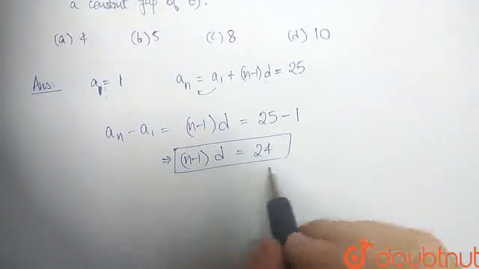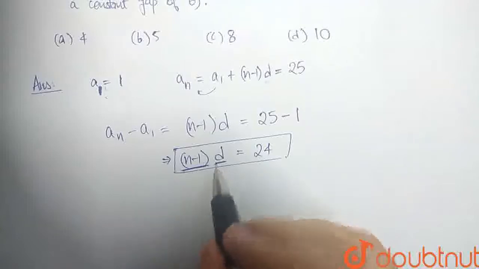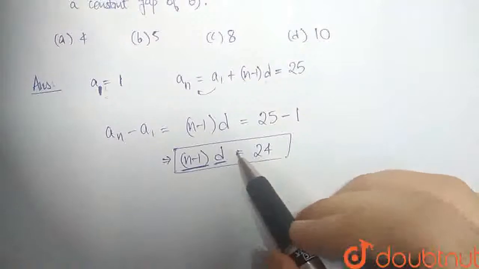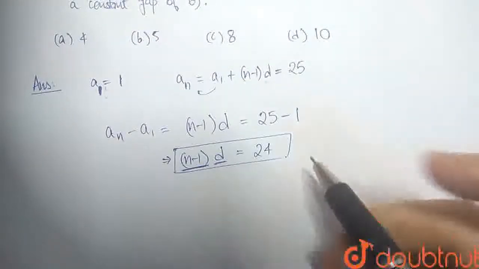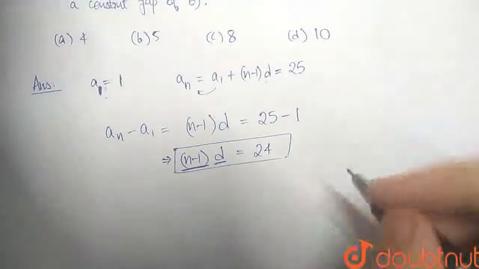What we can infer from this is that these are two numbers whose product is 24. So we just need to find the number of combinations of two numbers which give us 24. I'll start by listing all the factors of 24.